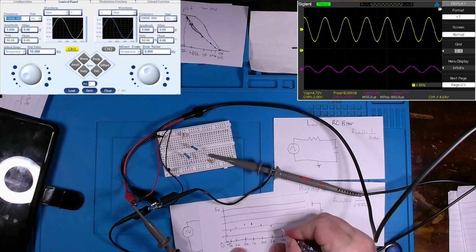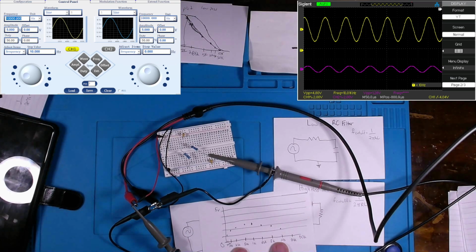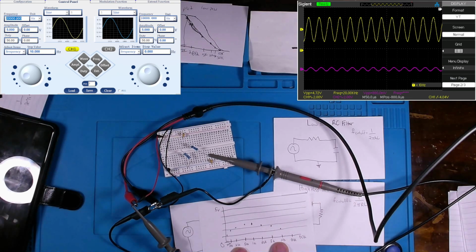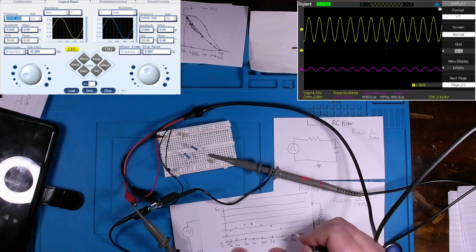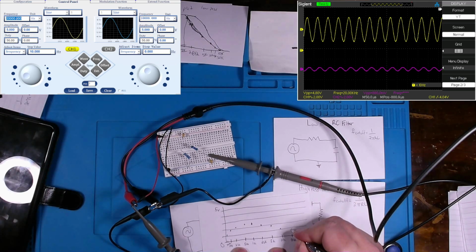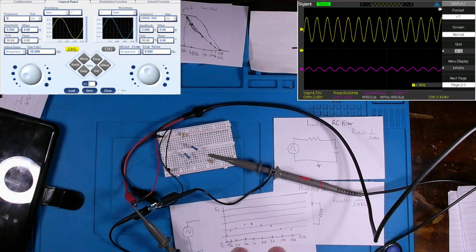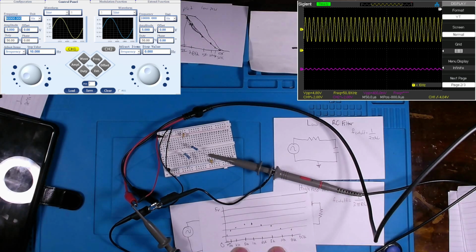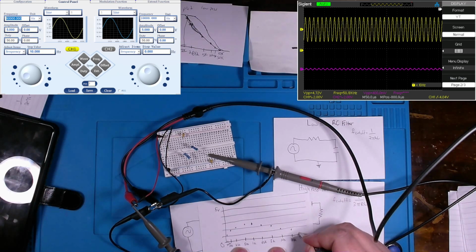Go to 20K, and we've got 800 millivolts, so we're below 1 volt. We're approximately right there. Let's go to 50K, and at 400 millivolts, so essentially halfway.